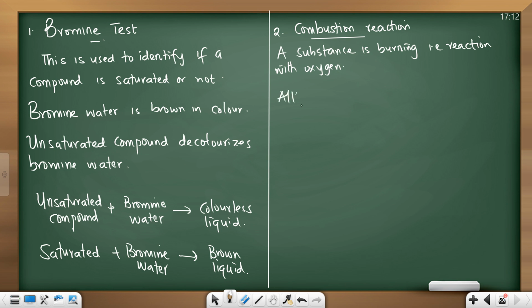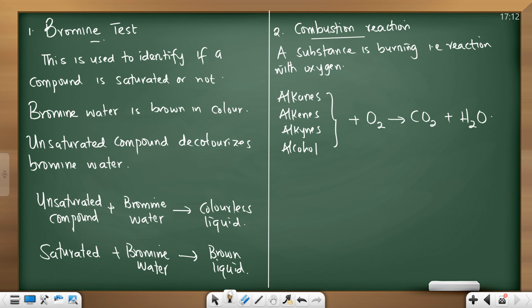Now, alkanes, alkenes, alkynes, even alcohols, all of them will react with oxygen, that is, they are burning, and they will produce carbon dioxide and water.